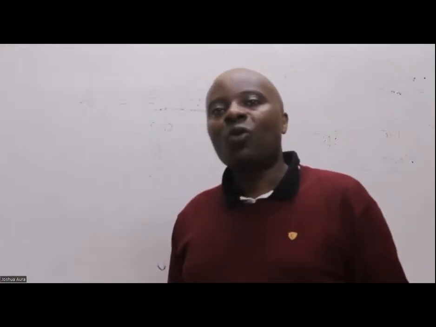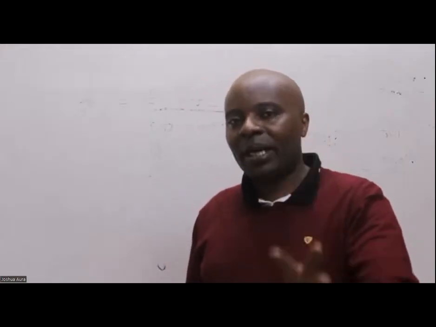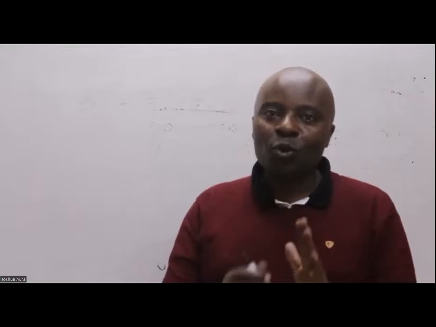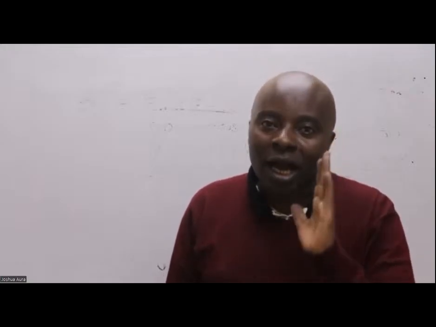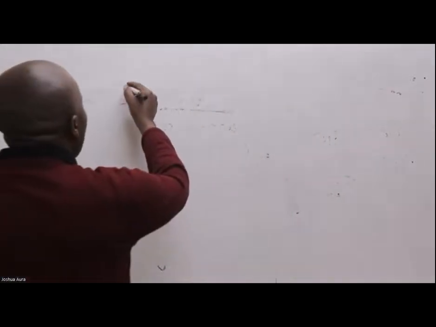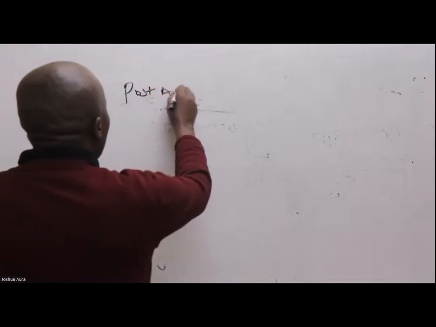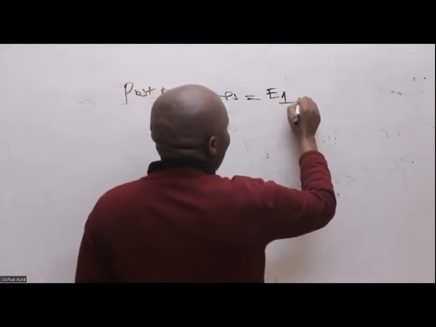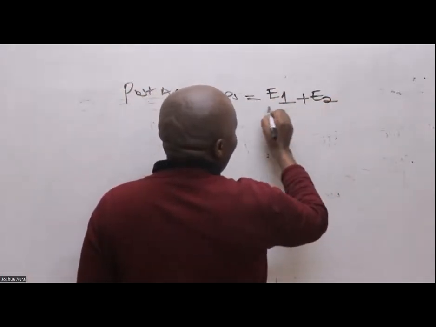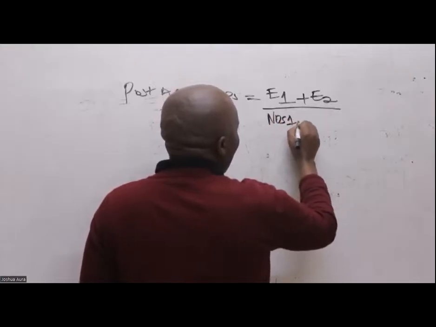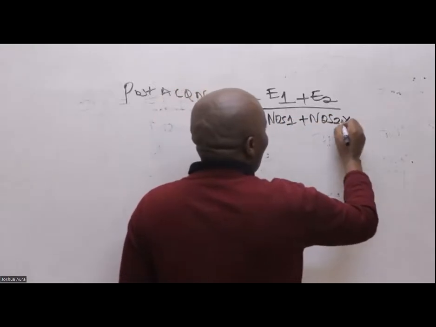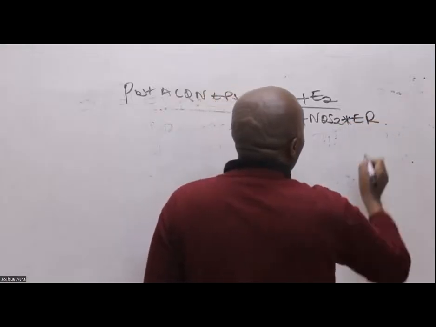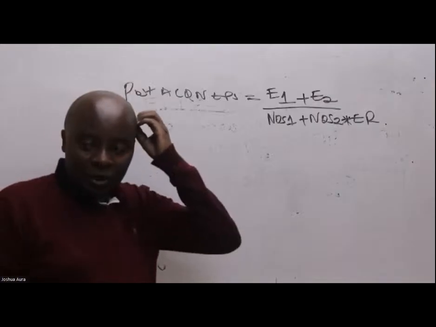After marriage, we expect the earnings to be combined. So I will write for my examiner that post-acquisition EPS equals earnings of company 1 plus earnings of company 2, all over N1 plus N2 multiplied by exchange ratio, like that.